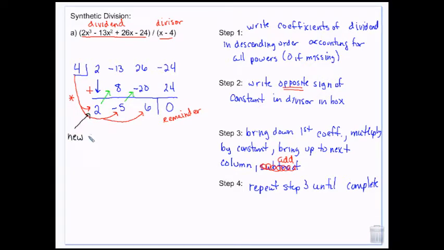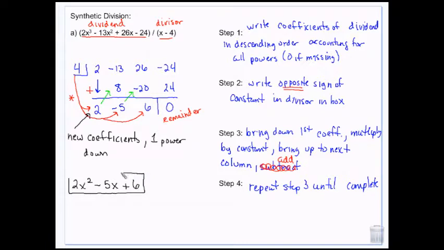These are our new coefficients. And we are 1 power down from where we started. So our highest power here was a 3. So now we're at a 2. So 2x squared minus 5x plus 6. That's our answer.